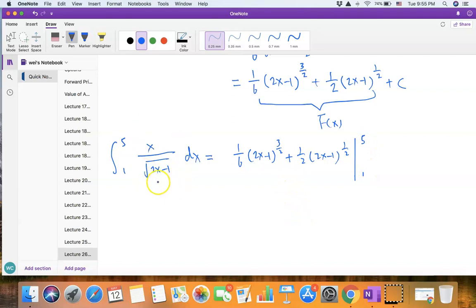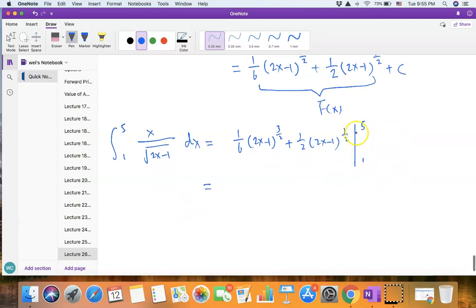So to find the answer to this definite integral, we first evaluate this function at 5, and we evaluate the function at 1, and we find their difference.